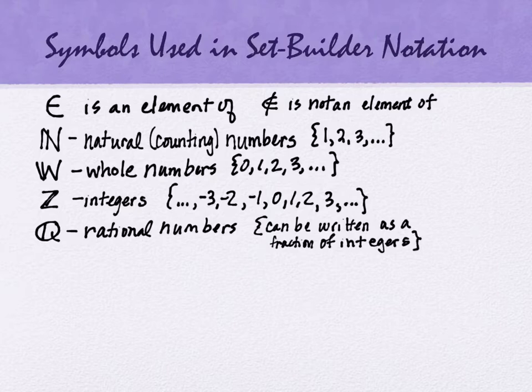So 2/3. Numbers that look like decimals, 3.4. I know this is not this class, but you guys know from previous experience you can take the number 3.4 and you can find a fraction that goes along with that, right? It's true for the whole numbers too, right? If I have the number 5, 5 can be written as 5/1, so I'm good to go.